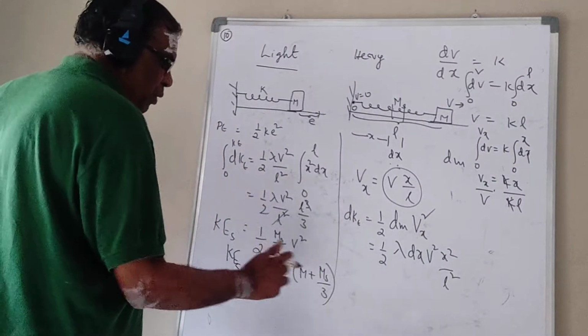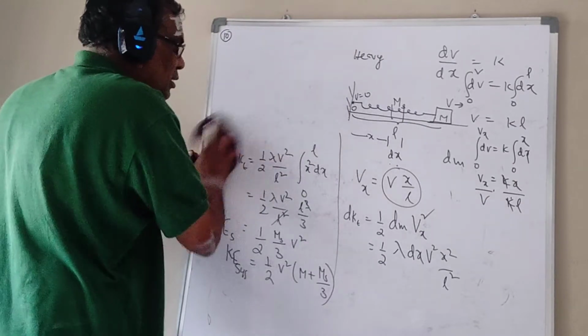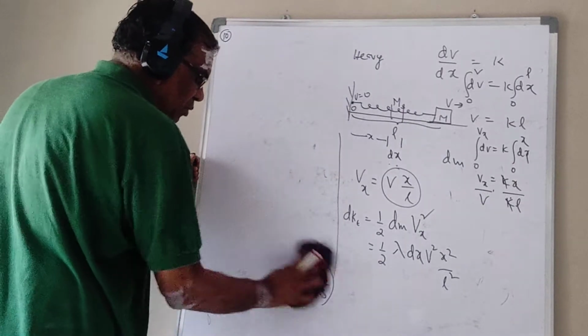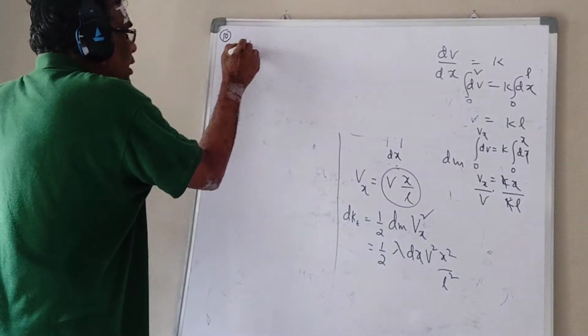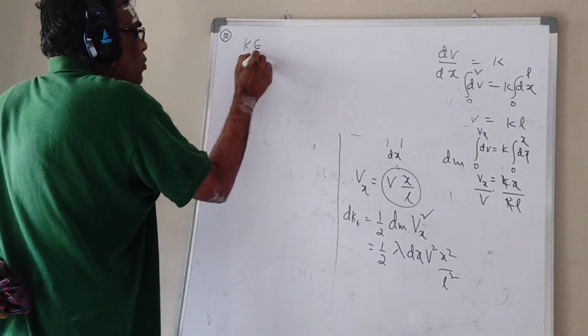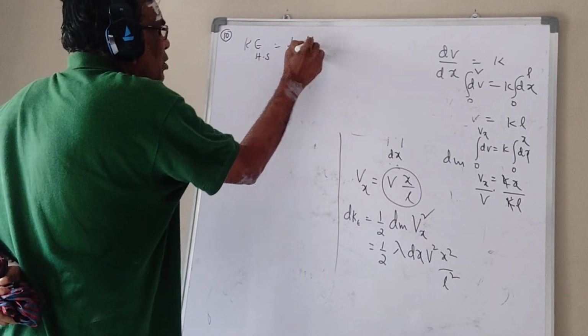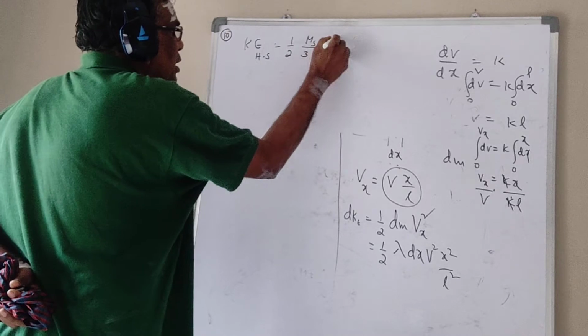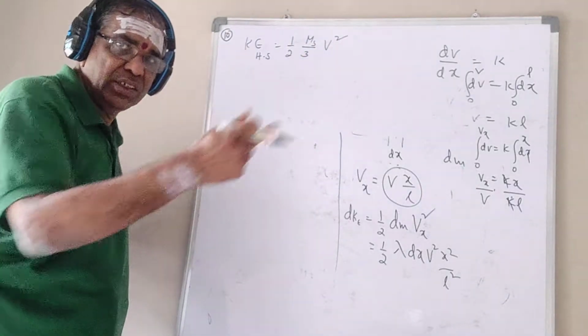Now this is a very important thing for you. In case heavy springs are given, the kinetic energy of a heavy spring is half ms by 3 V squared. That V is the velocity of the edge of the spring.